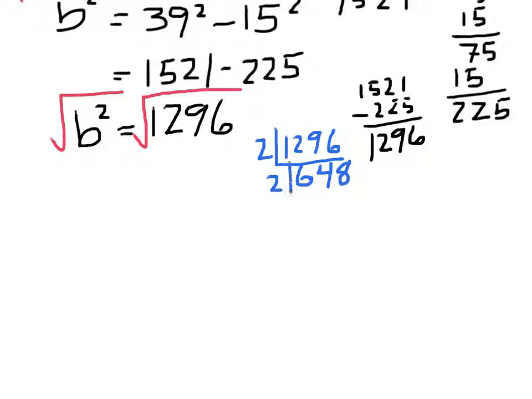Then another 2. That's a 3 and a 2 and a 4. Half of each of those. And then another 2. Half of 32 is 16, and half of 4 is 2. And then another 2. 2 into 16 is 8. 2 into 2 is 1.